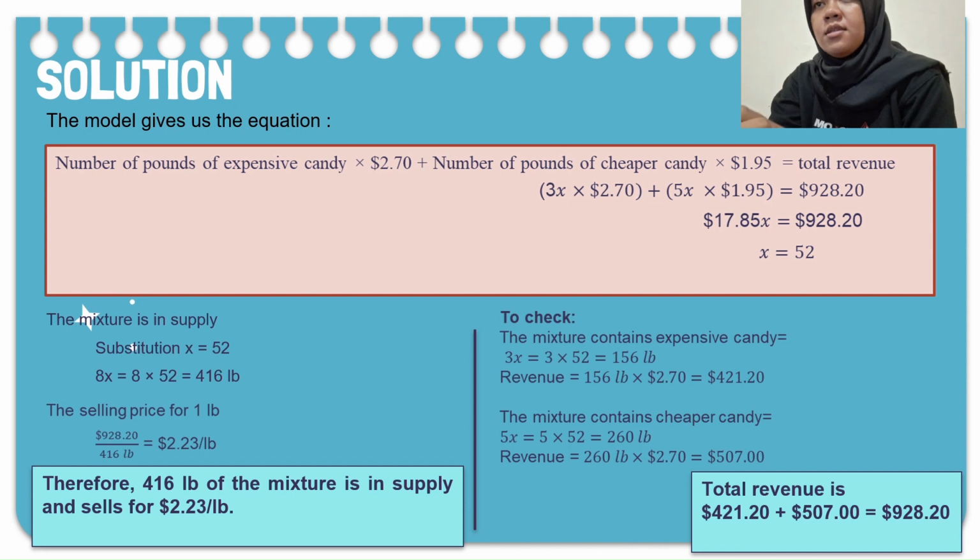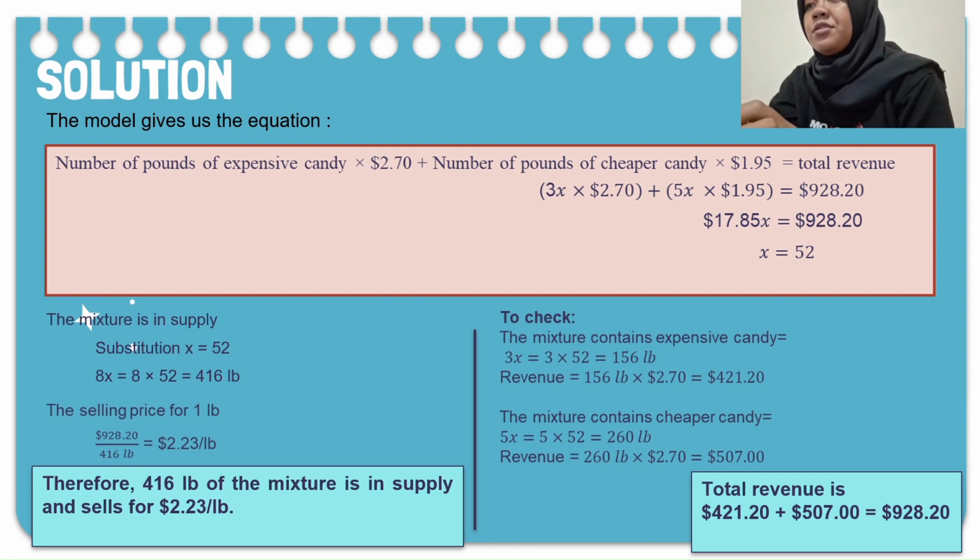And from this we have $17.85x is $928.20, and we have x is 52.